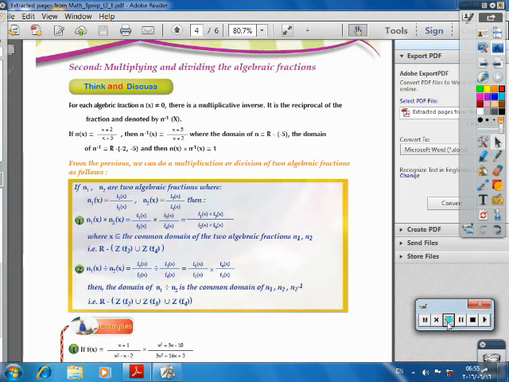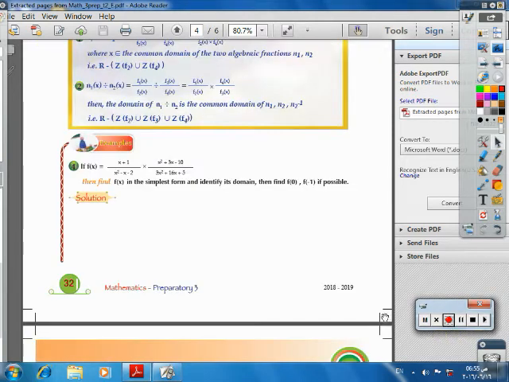Now second, multiplying and dividing the algebraic fractions. For example, example 4, page 32. If x equals (x plus 1) over (x power 2 minus x minus 2) times (x power 2 plus 3x minus 10) over (3x power 2 plus 16x plus 5).